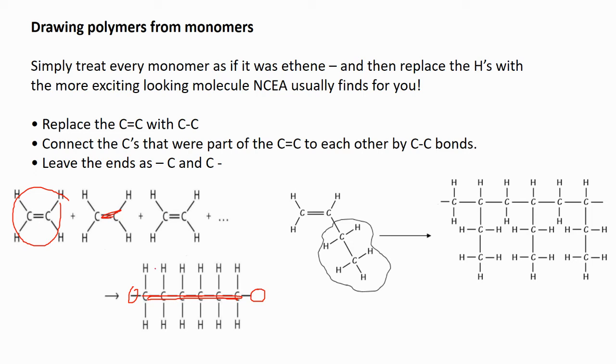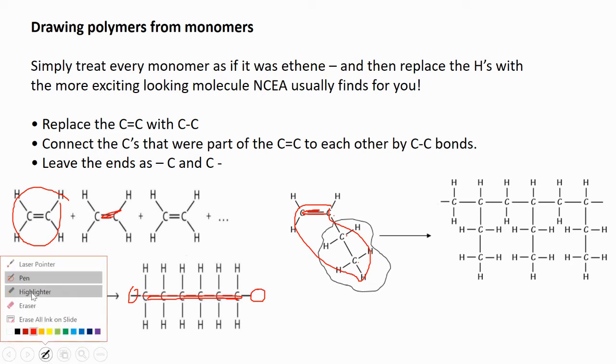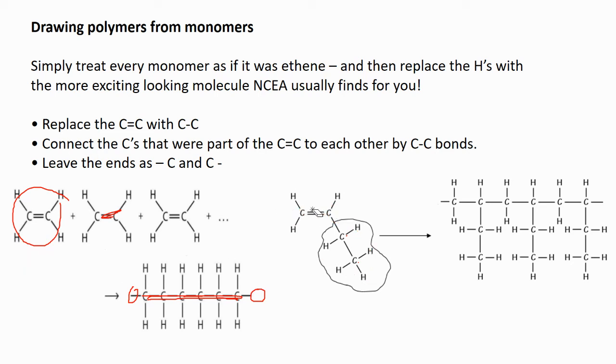So ethene to polyethene. Here is an example of butene. So 1, 2, 3, 4 carbons, but the double bond is here. So if you draw it like this, then you can easily see the shape of the double bond so that you can see the side chain. Then what you're going to do is replace the carbon-carbon double bond with a single bond.